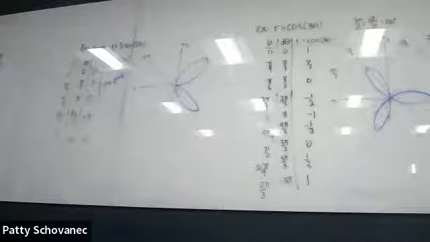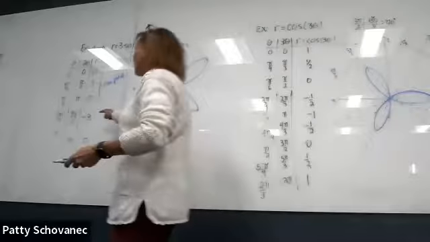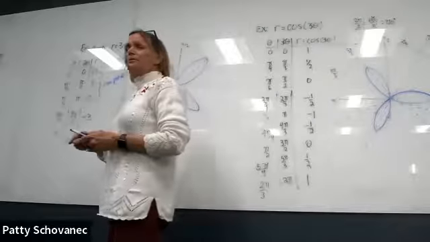Then one more graph looks like the infinity symbol. If you take the double angle of a sine and cosine and set it equal to an r squared, it cuts off these negatives and just gives you the positive tips.